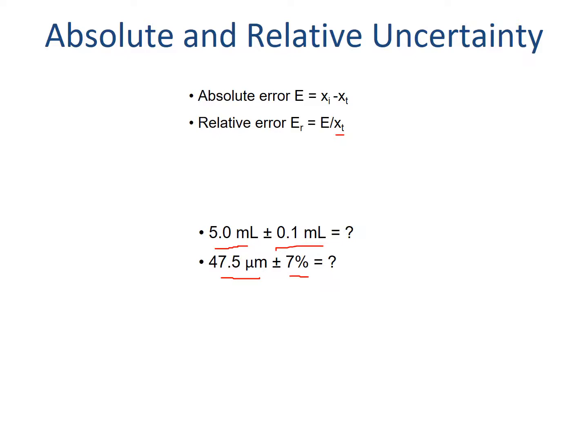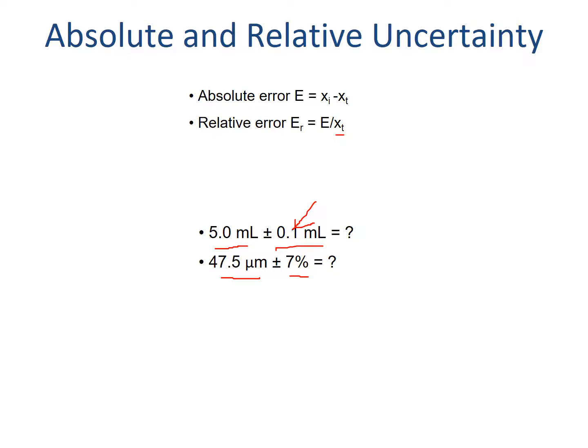And notice that we always report these as 1 sig fig. So we're not going to have a 5.0 milliliter measurement and then say that we have 0.1000 milliliters of uncertainty. We don't have that precision in the mean, so of course we're not going to have that in the uncertainty.